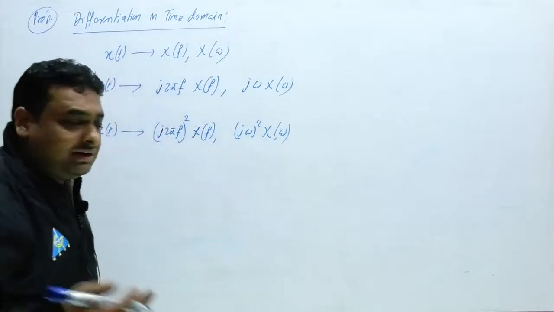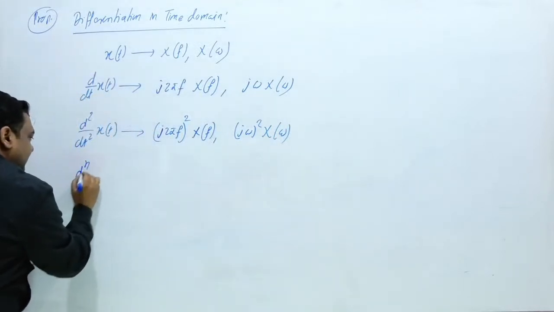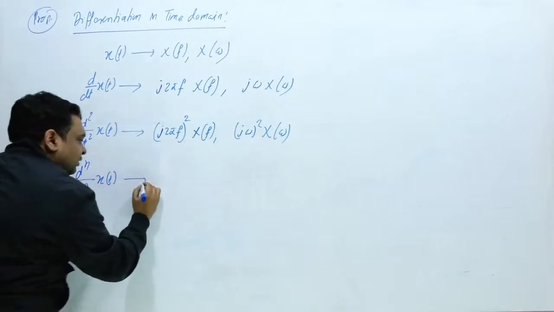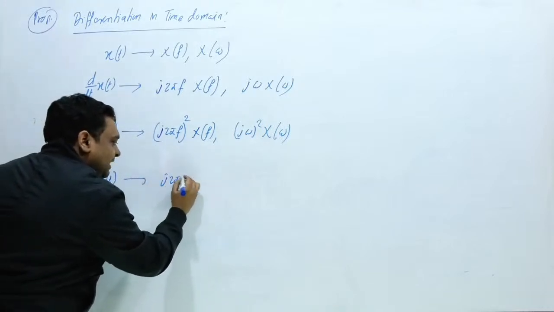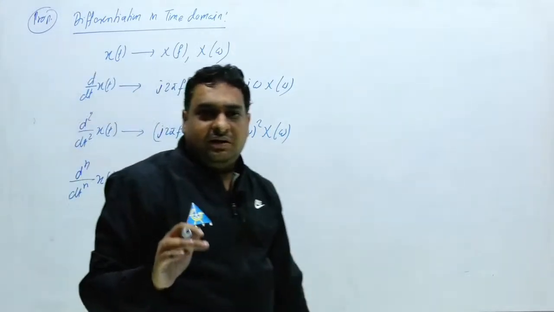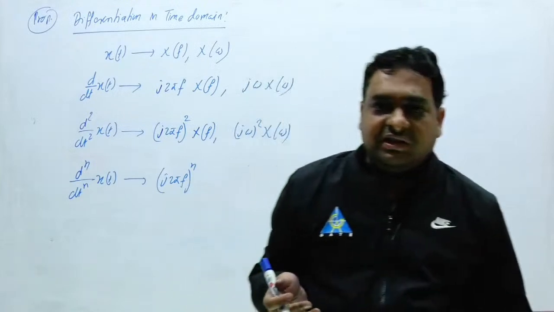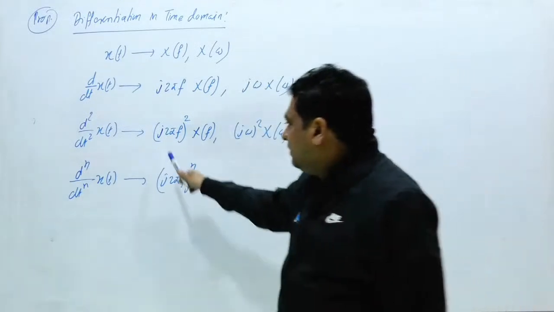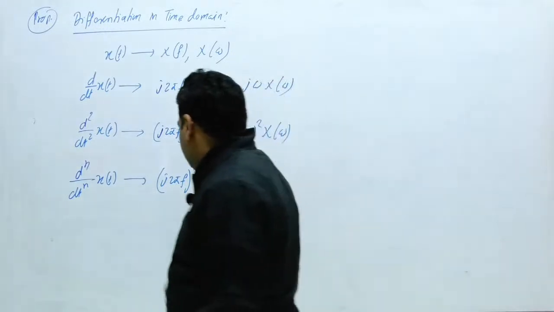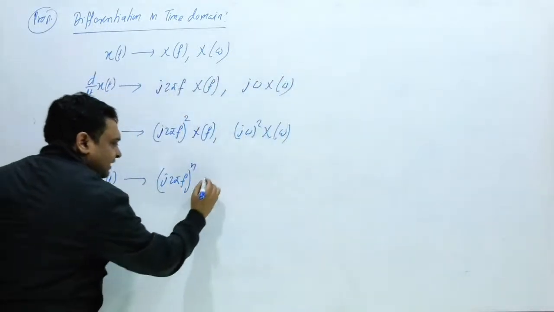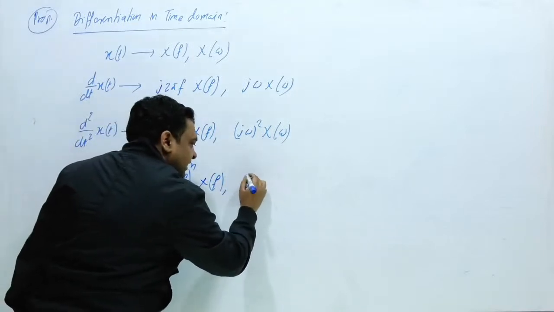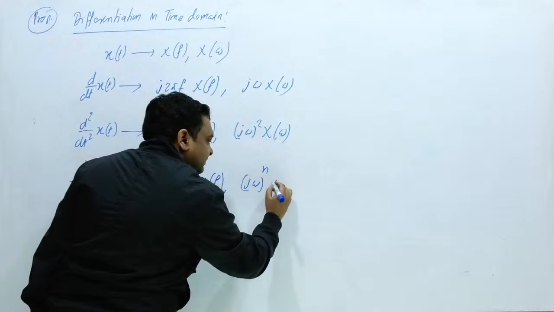So for the nth differentiation, d n by dt raised to power n of x(t), what is the Fourier transform? j2 pi f raised to power n. So here, for an even or odd number of differentiations, the power of j decides whether the answer will be positive or negative. But you should just remember it this way: this is X(f), and in terms of omega, j omega raised to power n times X(omega).